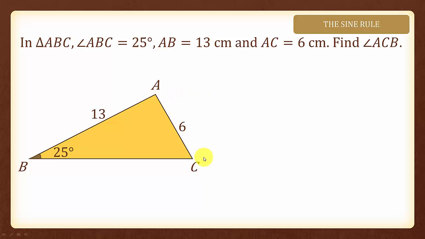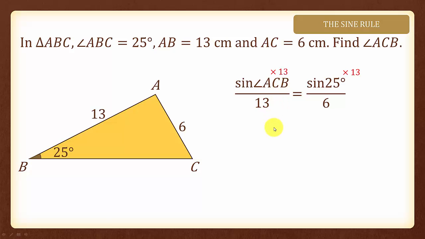Sine angle ACB over 13 will be equals to sine 25 over 6. To find angle ACB, we need to first multiply 13 on both sides.